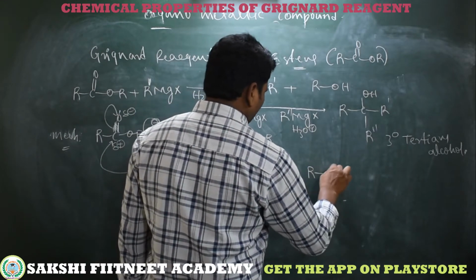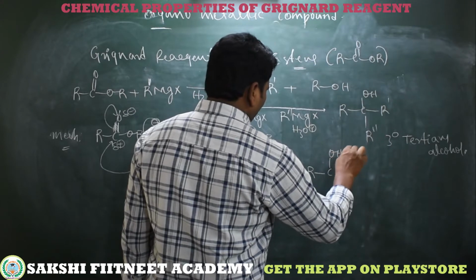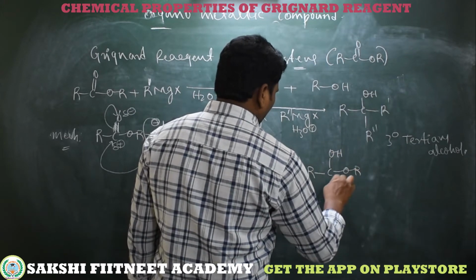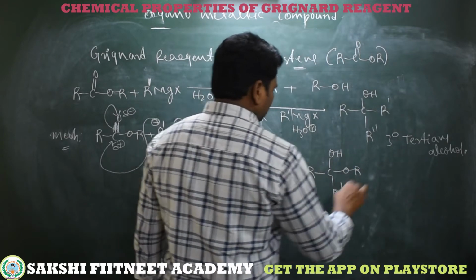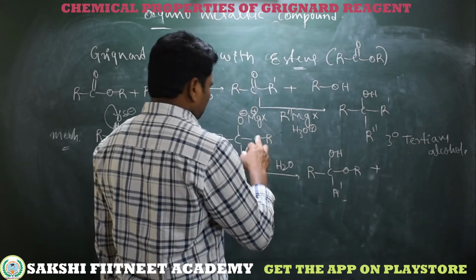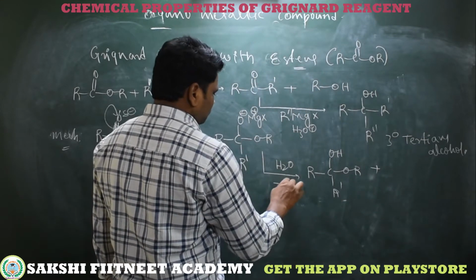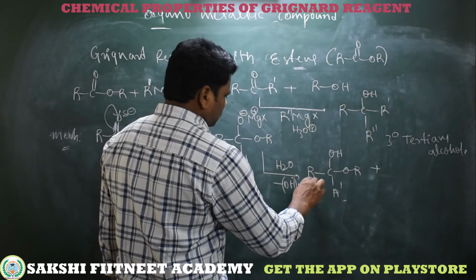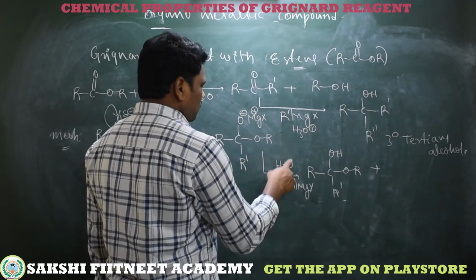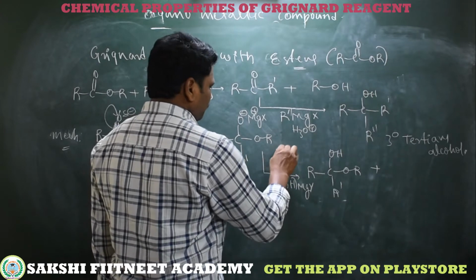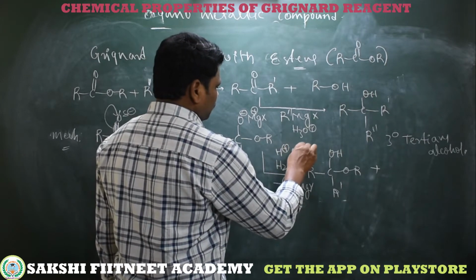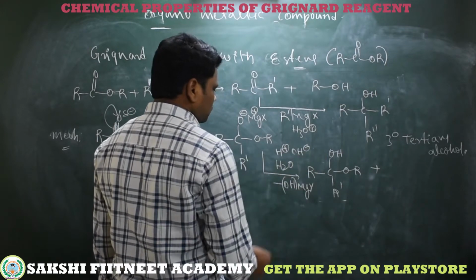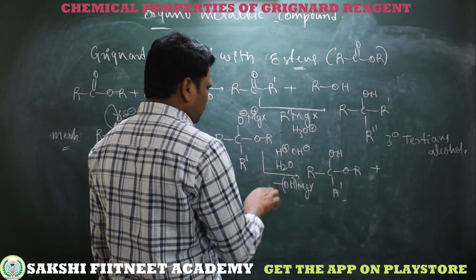So we will get R OH, see here OR R prime, plus, on removal of OH MgX. See here MgX plus OH minus, which is from the water molecule, on hydrolysis. So this byproduct is eliminated.